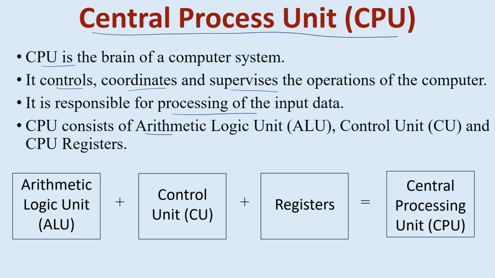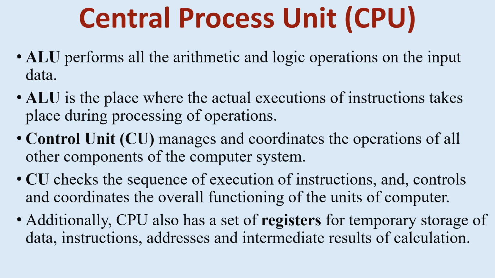CPU consists of arithmetic logic unit, means ALU, control unit, means CU, and CPU registers. So in the diagram you can see arithmetic logic unit plus control unit plus registers equal to central processing unit. So CPU consists of ALU, CU and registers. Arithmetic logic unit, means ALU, performs all the arithmetic and logic operations on input data.